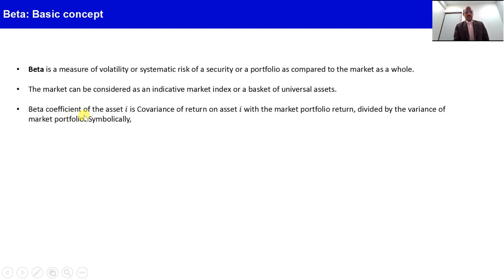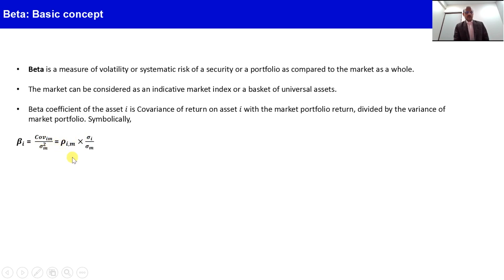So the beta coefficient of an asset i is the covariance of return on asset i with the market portfolio return divided by the variance of the market portfolio. Symbolically, beta i equals covariance between security i and market divided by the variance of the market.